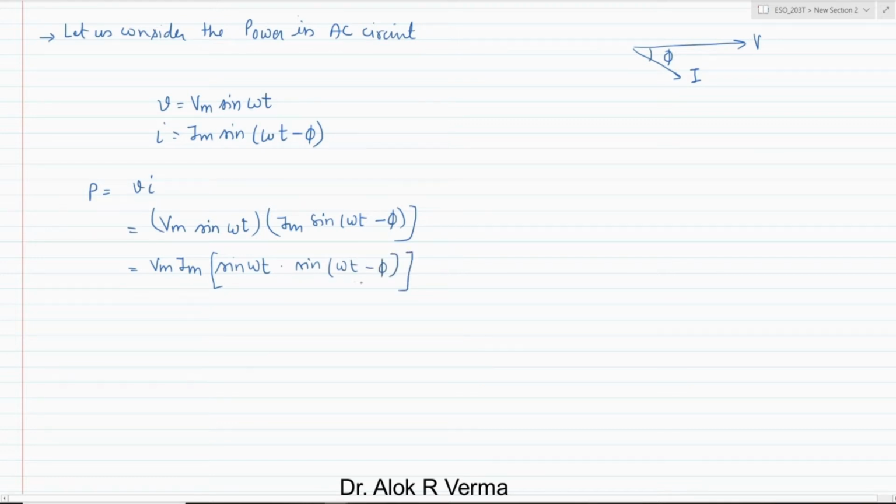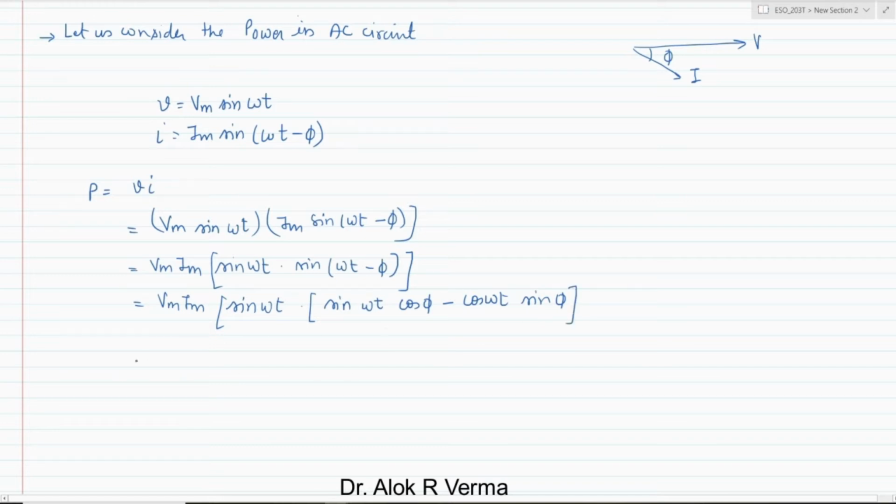We can expand this using the formula for sin(a minus b), which is sin a cos b minus cos a sin b. So we can write it as Vm Im sin omega t into (sin omega t cos phi minus cos omega t sin phi).